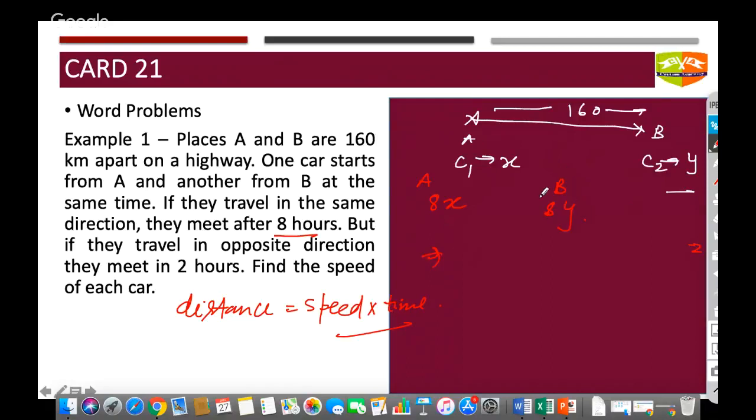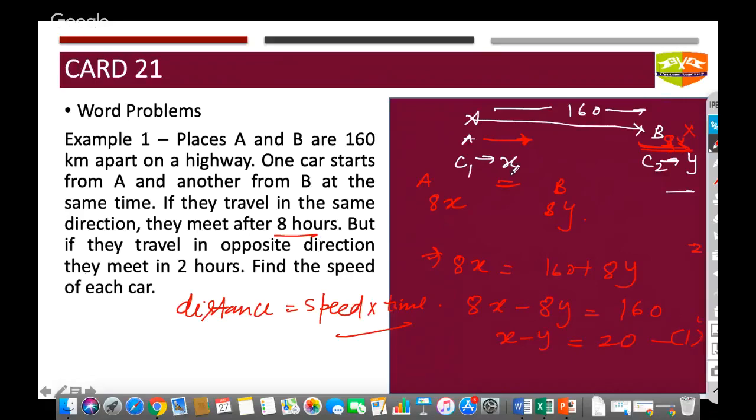Now what happens is, if they are going in the same direction, if A is moving towards y and they are meeting here, so distance traveled by B is 8y and distance traveled by A is 160 plus 8y. So this 8x is equal to 160 plus distance traveled by B, which is 8y. So 8x minus 8y comes out to be 160, or x minus y comes out to be 20. This is my first equation.